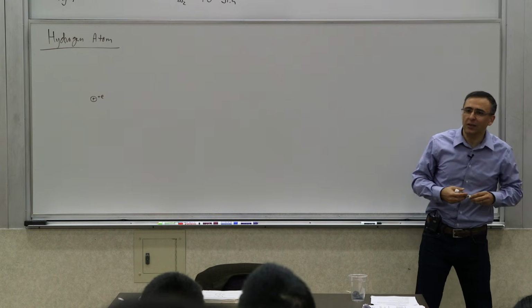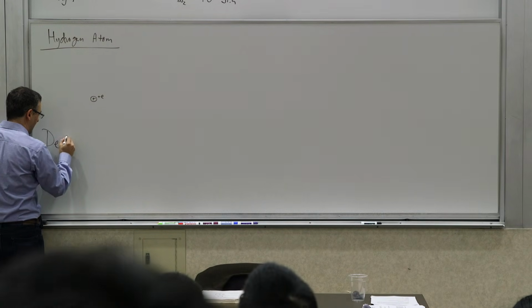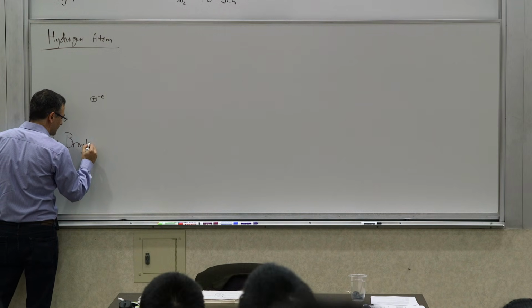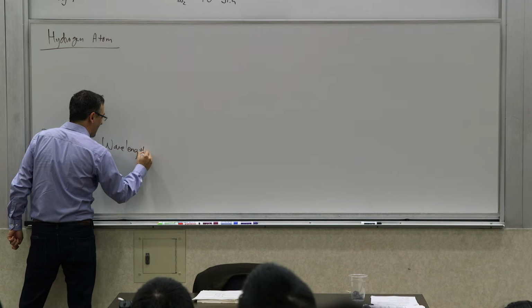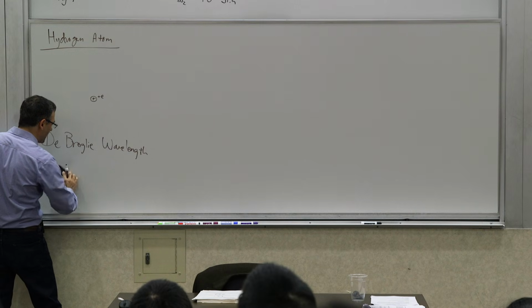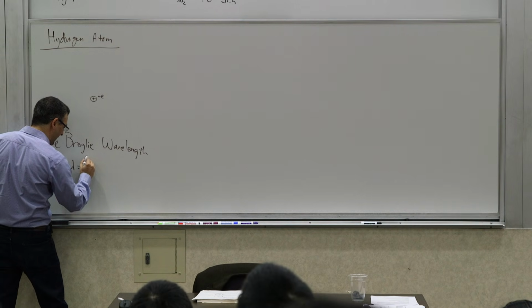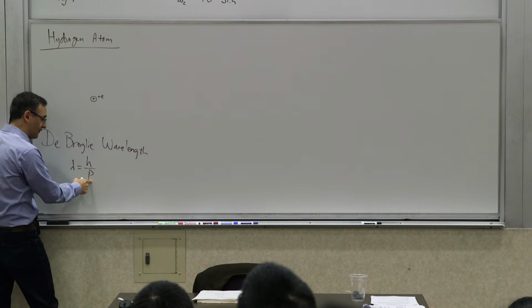And that duality is really captured by the so-called de Broglie wavelength, which basically says that for a particle with momentum p, you can treat it like a wave, and the wave has a wavelength defined as Planck's constant divided by that momentum.